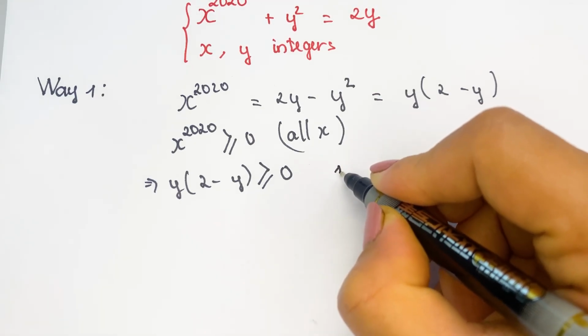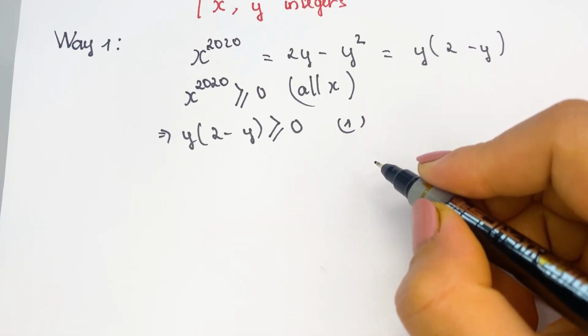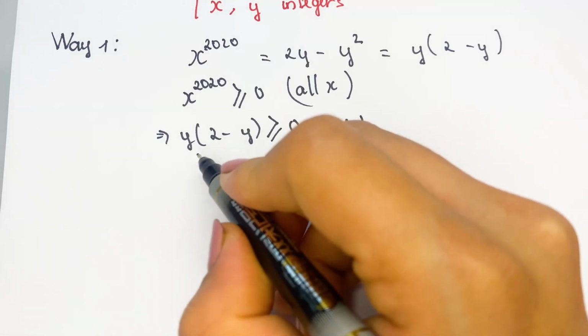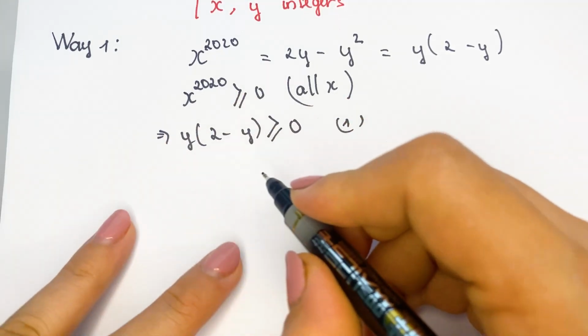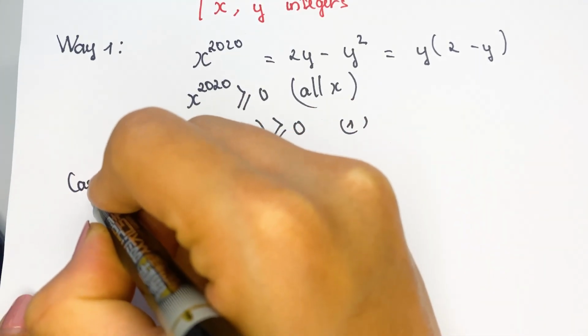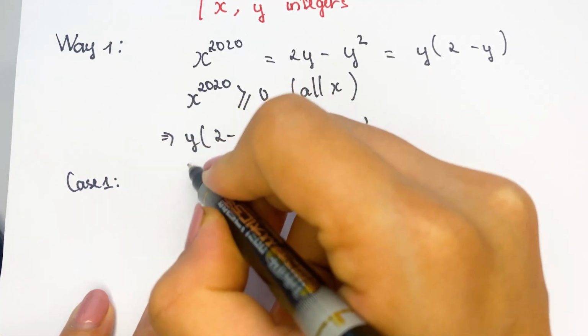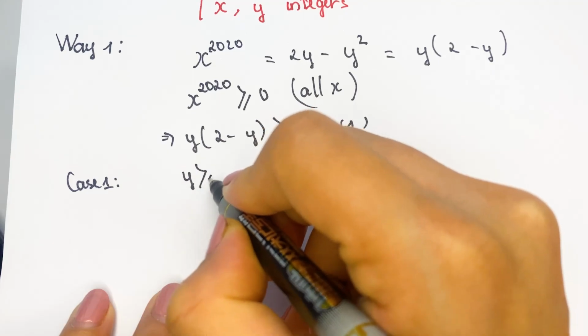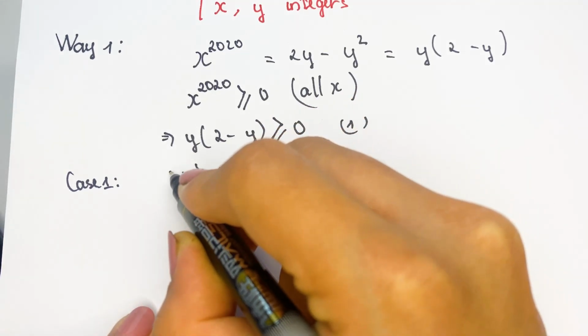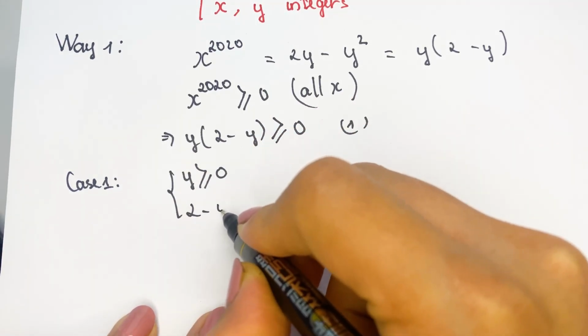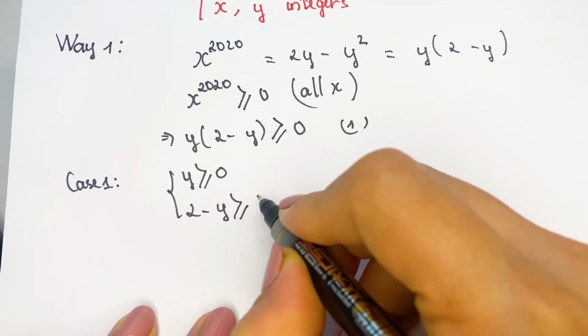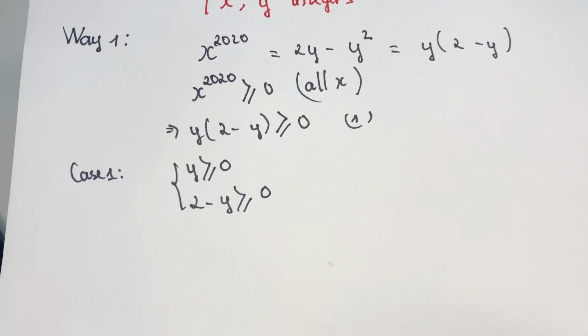We need to put it as an inequality. For the inequality here we have two cases. Case number 1: y is greater than or equal to 0 and 2 minus y is greater than or equal to 0, right?